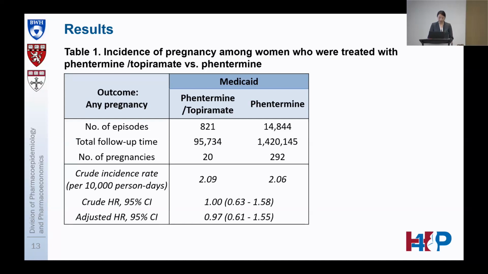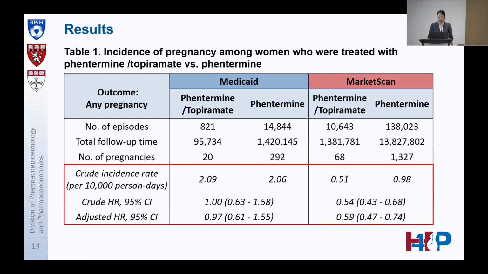If we look into the crude incidence rate of pregnancy occurrence in the fourth row, we can see about a similar incidence rate in both the phentermine topiramate group and the phentermine group, which leads to a crude and adjusted hazard ratio around 1. So basically, we don't really see a strong difference. If we interpret the occurrence of pregnancy between the two groups as indicating the effectiveness of the program, then we don't really see a strong difference between the two groups.